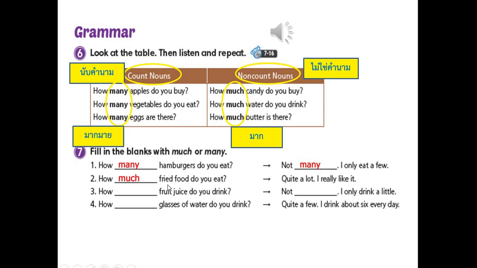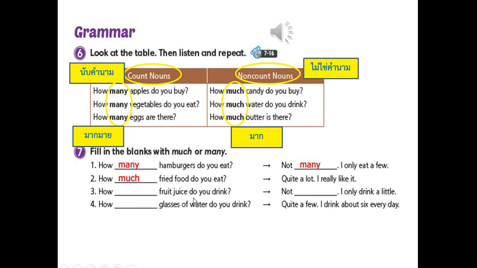But we have here fried food, so that is too broad. There's a lot of fried food, so we will use much. It's not specific like this one, the candy. It's not specific, so the answer is quite a lot. I really like it.